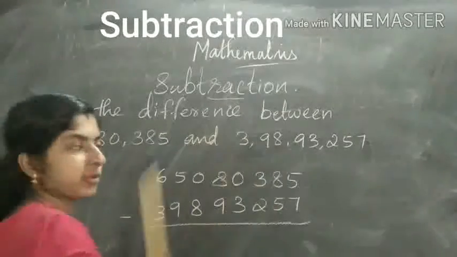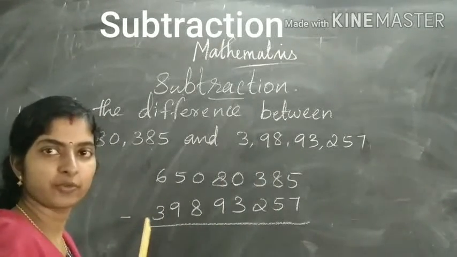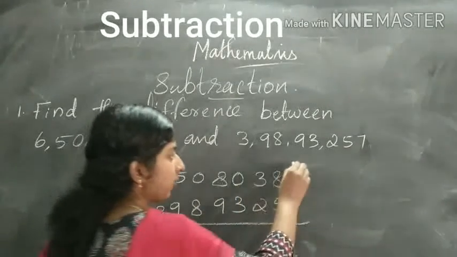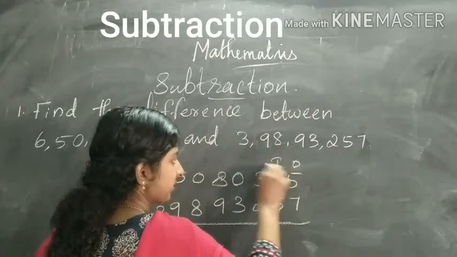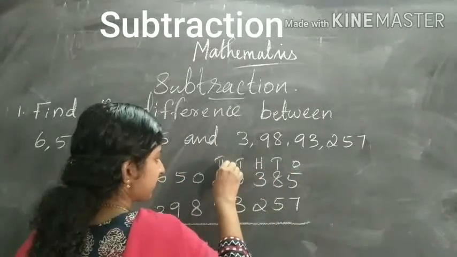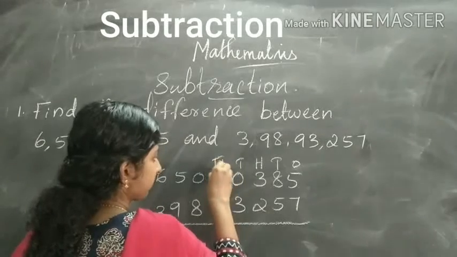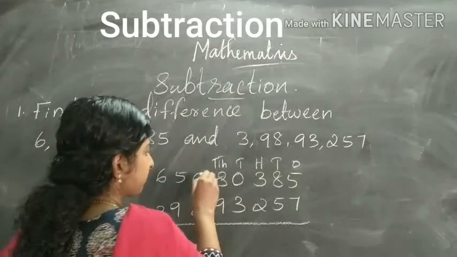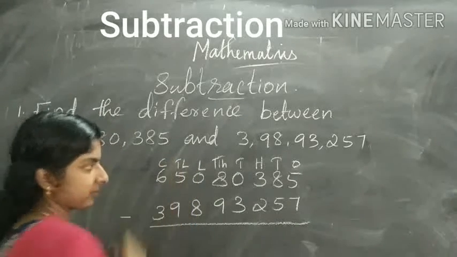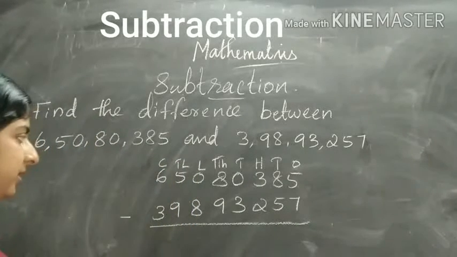This one is also an Indian system of numeration, isn't it? Yes. See the places: ones, tens, hundreds, thousands, 10,000s, lakhs, 10 lakhs, crore.